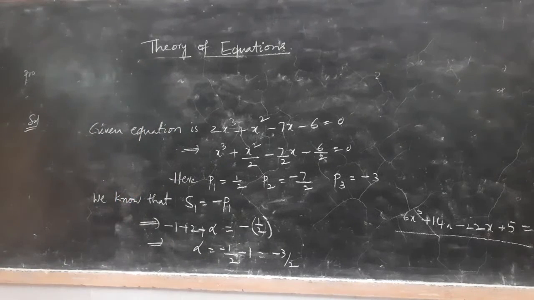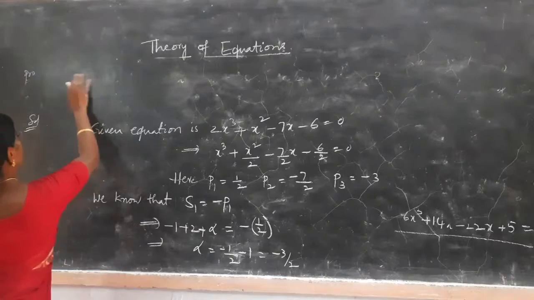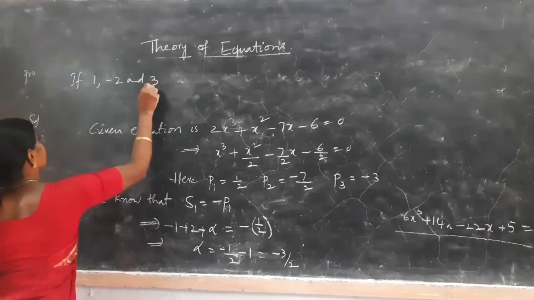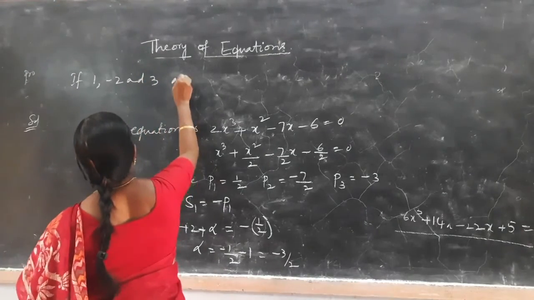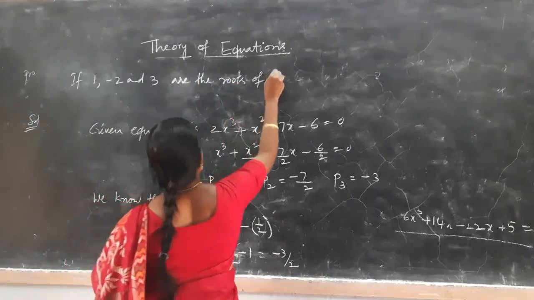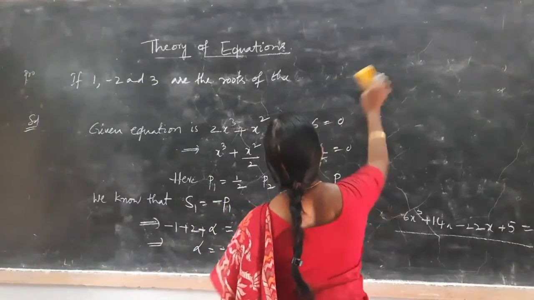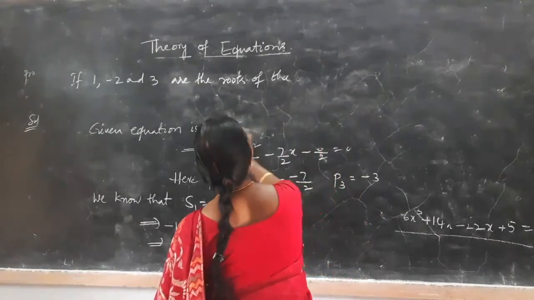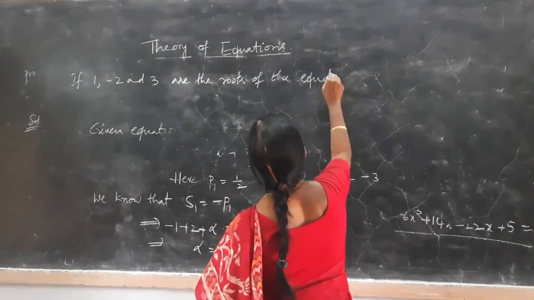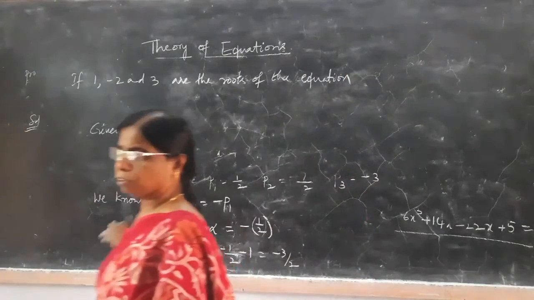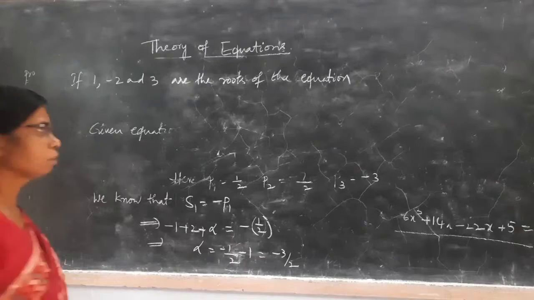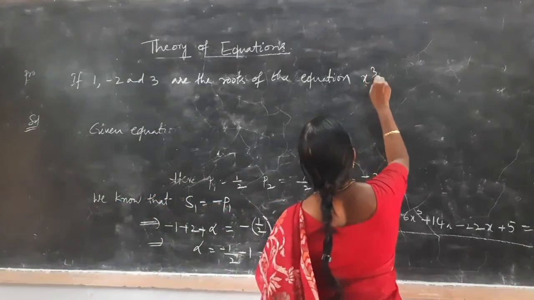Okay, see here. On the roots of the equation, so what is the equation? Let's see. Minus 2 plus 6 minus 2.